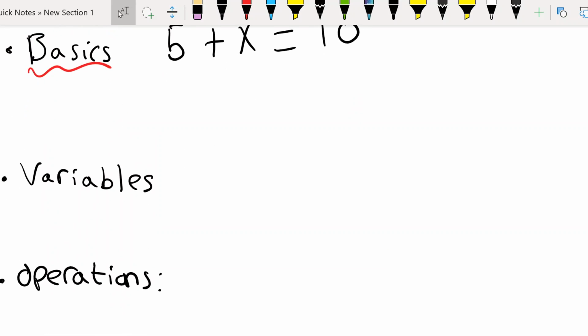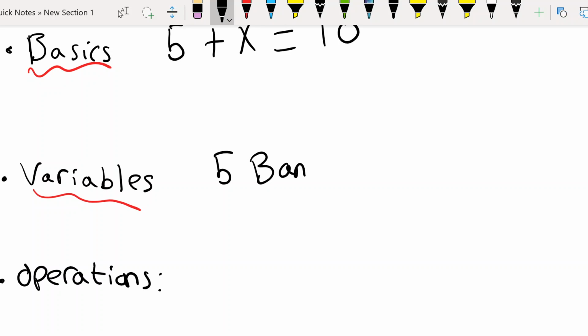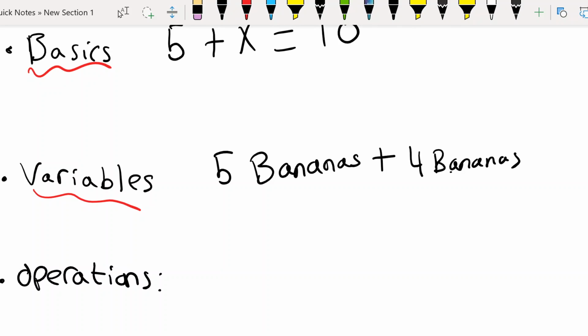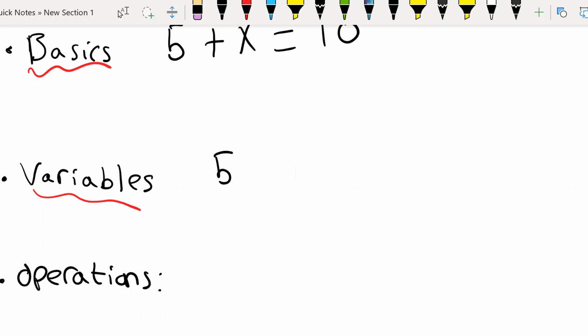Right, first thing I'm going to be talking about is what is a variable. Now that's just a fancy word, and in high school you have things. So if I say to you, I have 5 apples.